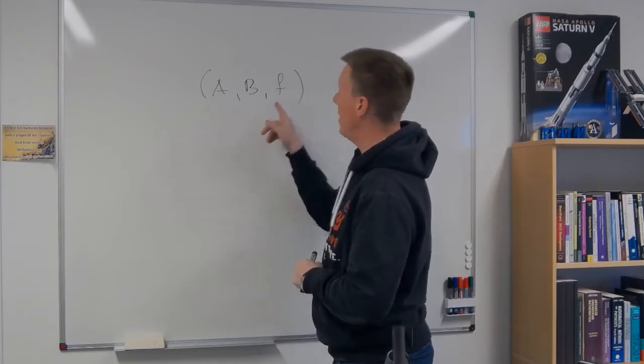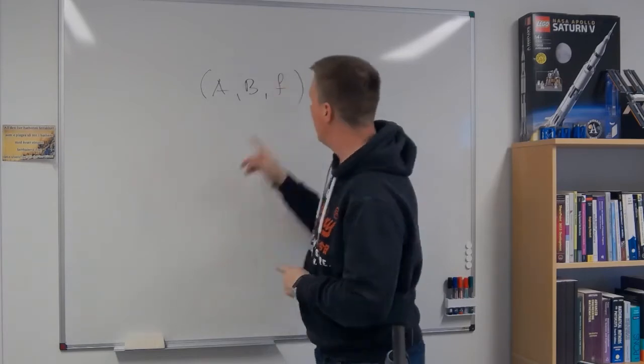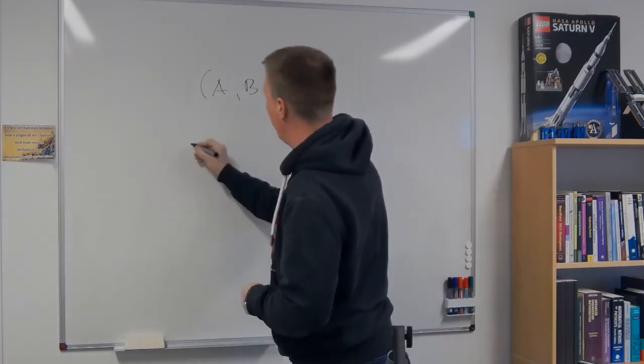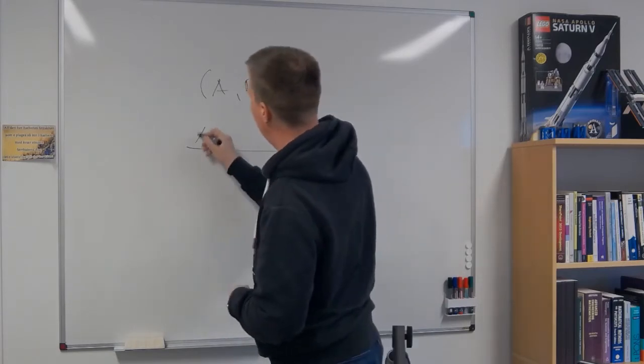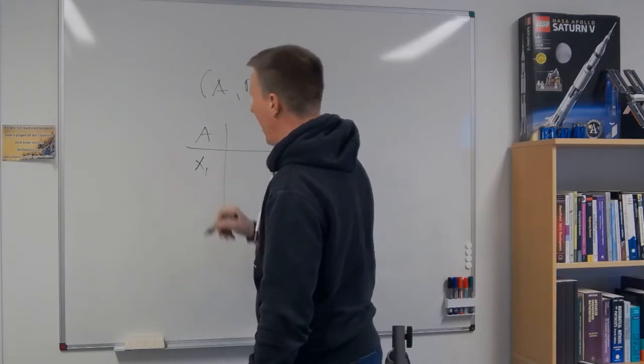So we've got two sets and we've got a rule. Now we can look at how that rule works. The way it works is we can write a table. Here's set A, and now I can pick out an element, call it x1.